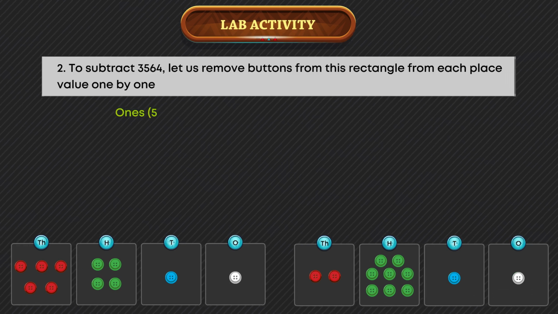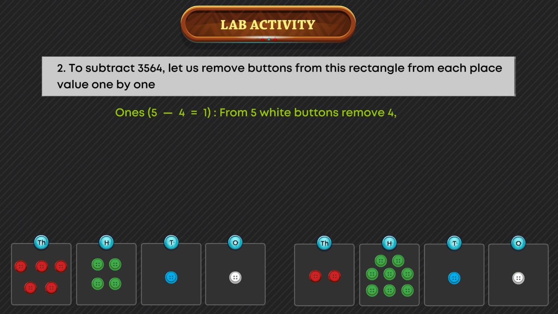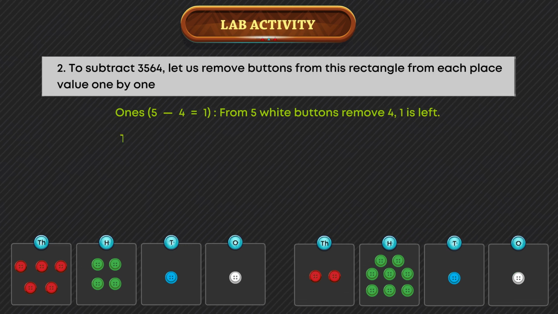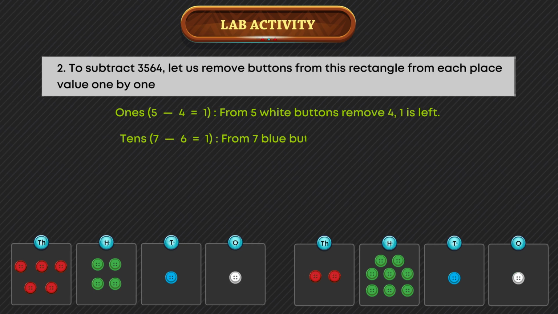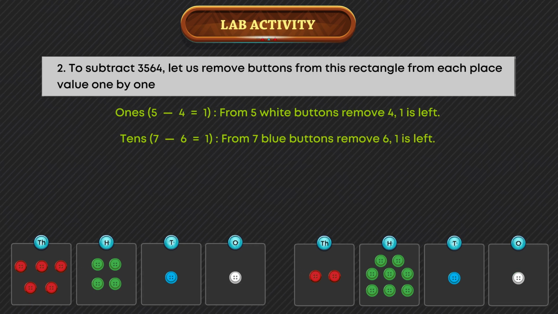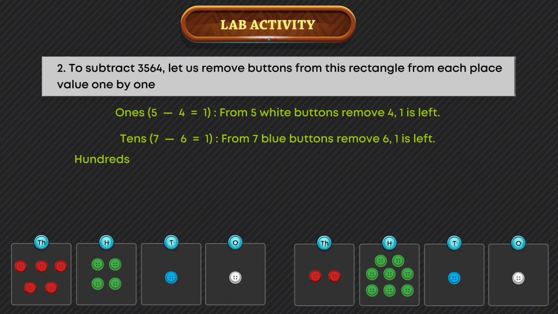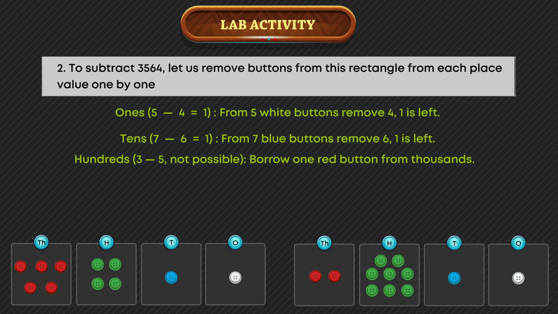Ones, 5 minus 4 is equal to 1. From 5 white buttons remove 4, 1 is left. Tens, 7 minus 6 is equal to 1. From 7 blue buttons remove 6, 1 is left. Hundreds, 3 minus 5, not possible. Borrow 1 red button from thousands.